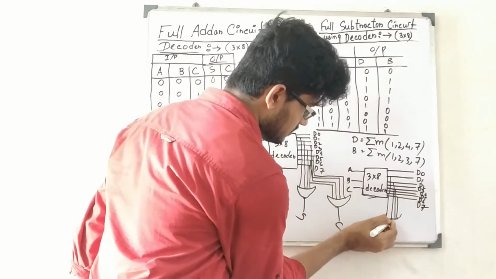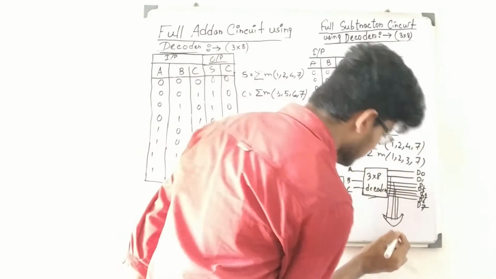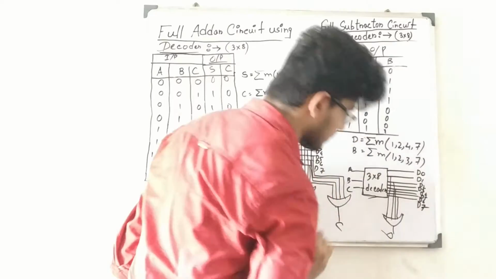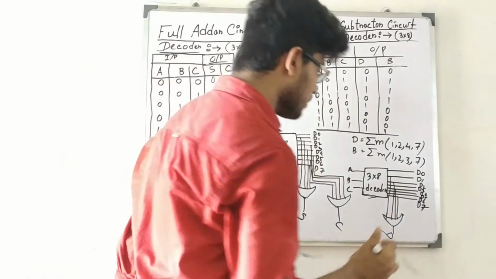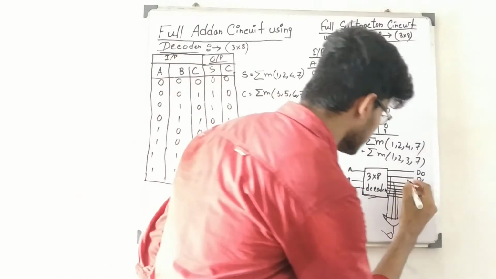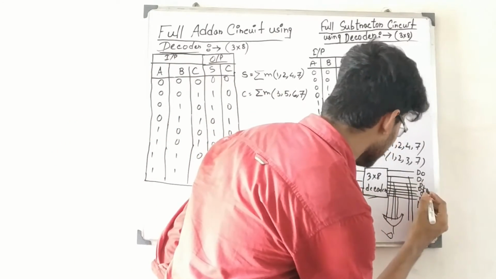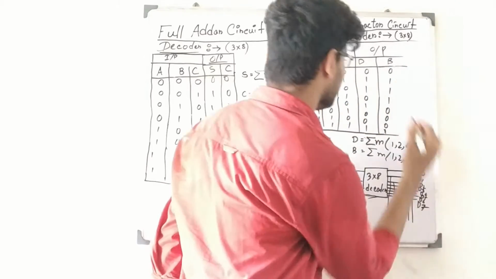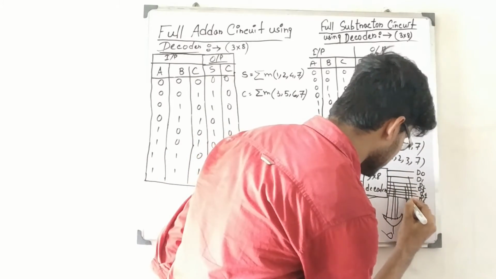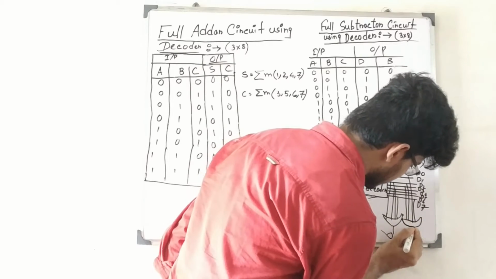So we can add D1, D2, D4, and D7 by putting in an OR gate, as this is a sum of products term, and this gives the difference. Again, for the borrow term, only the 1, 2, 3, and 7 inputs give a high output, so we use an OR gate for D1, D2, D3, and D7, and this is the borrow.